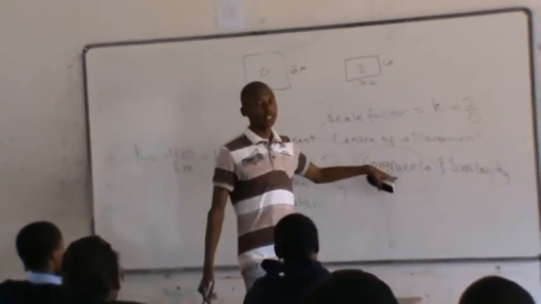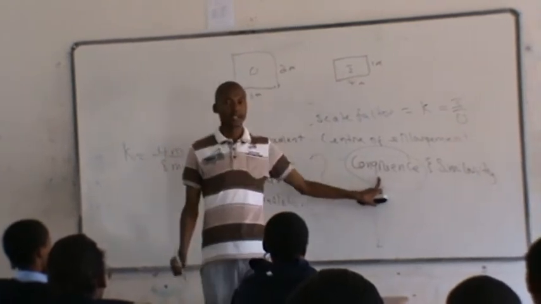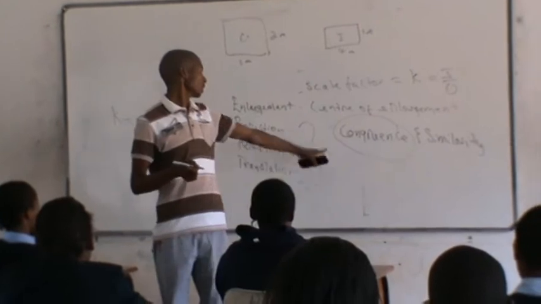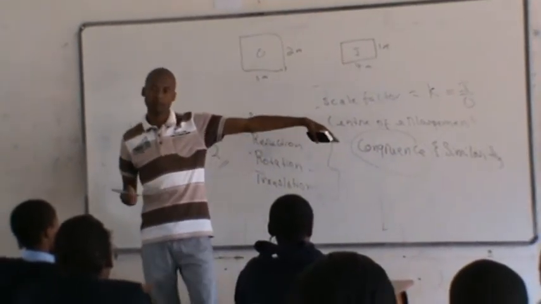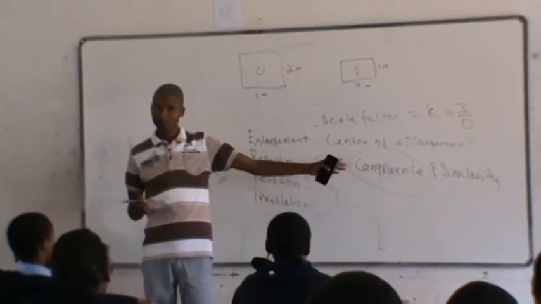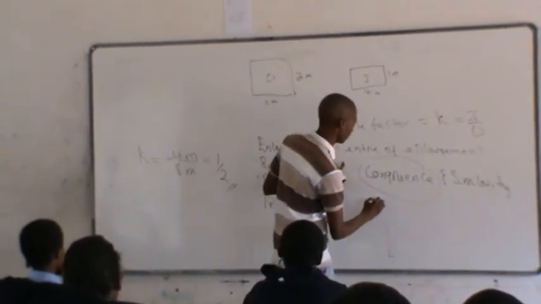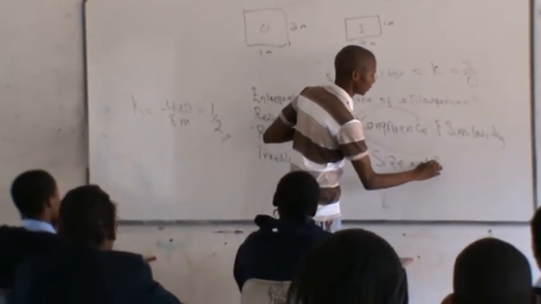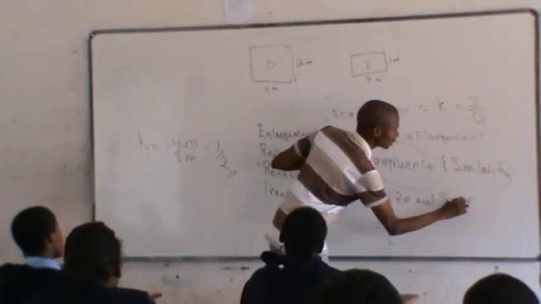By congruence we mean that two shapes or two figures are exactly the same with regard to size and shape.